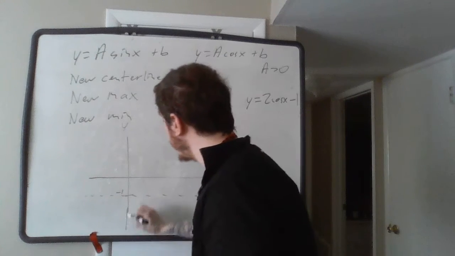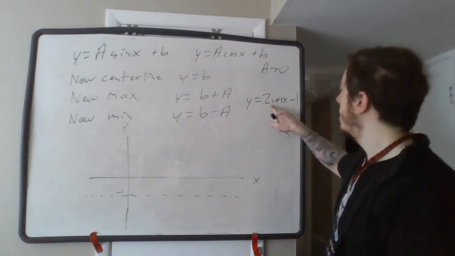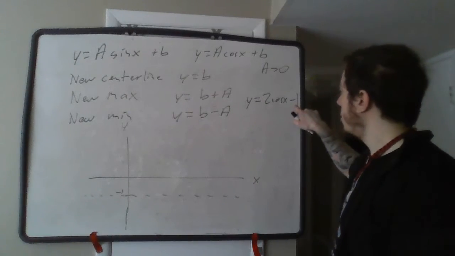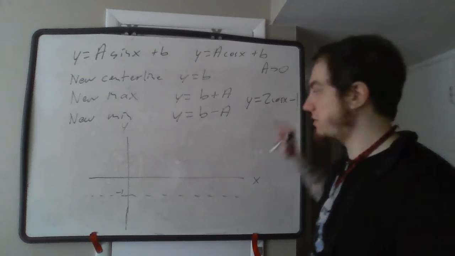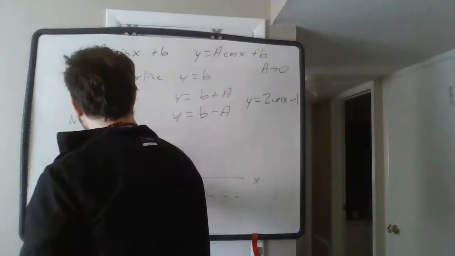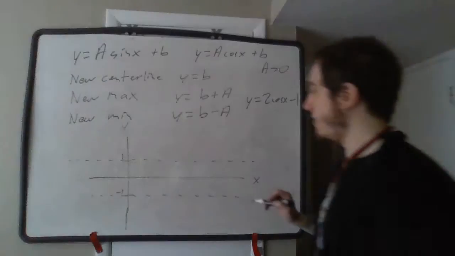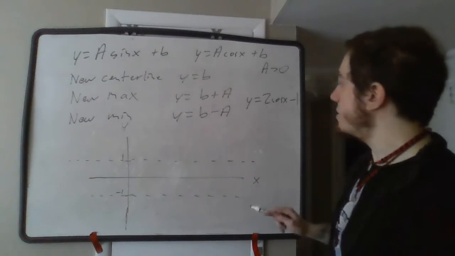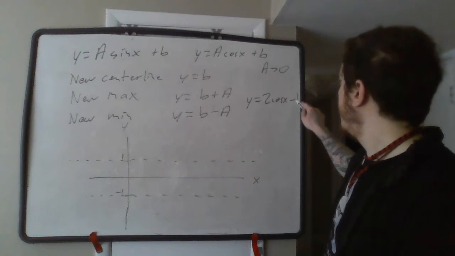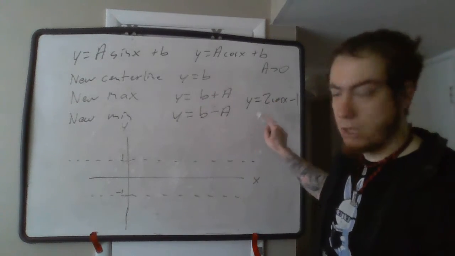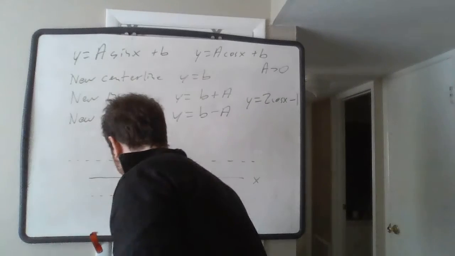Now the amplitude here is 2. So my new maximum will be -1 plus 2, which is +1. So that's going to be my new maximum, and my new minimum is going to be -1 minus 2. Well, that's going to be at -3.